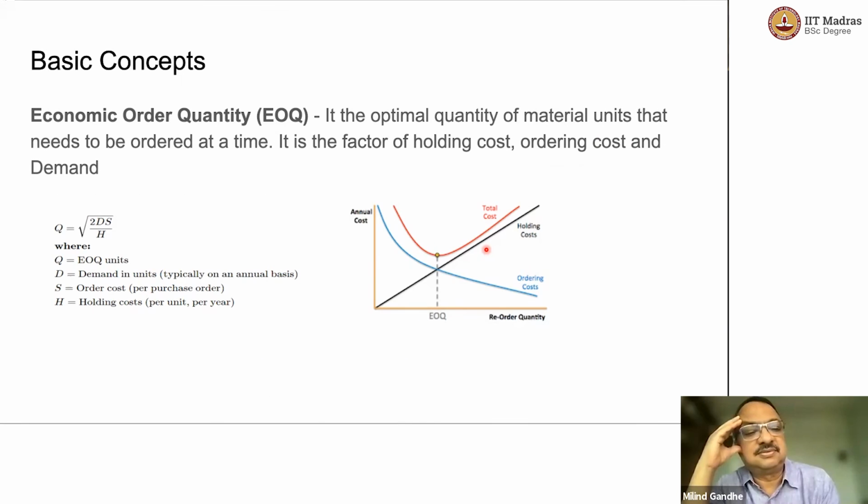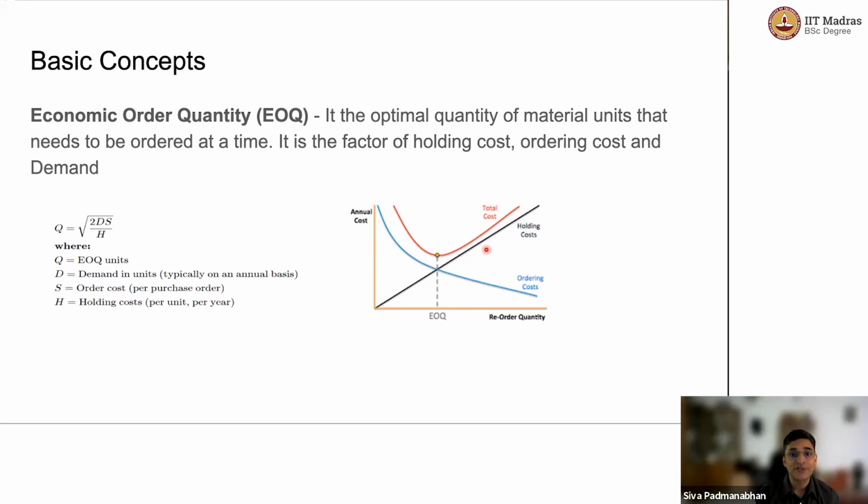Sure. The EOQ is a concept used for the C category items, where we especially consider items that consume a lot of space, so the holding cost is also an important thing to consider. Not only the capital or the money that's locked up, but also the warehouse capacity and all that. This is typically used for items that physically take a very large amount of storage, like packing materials.